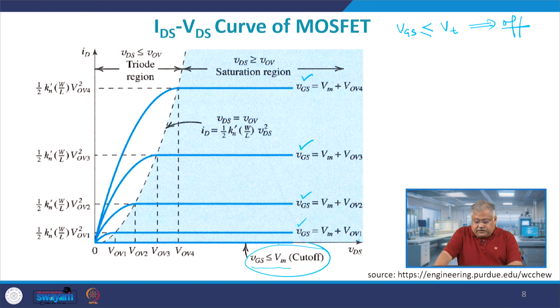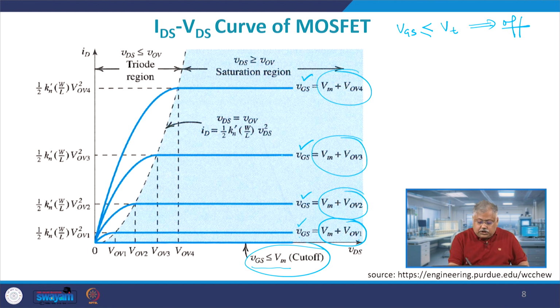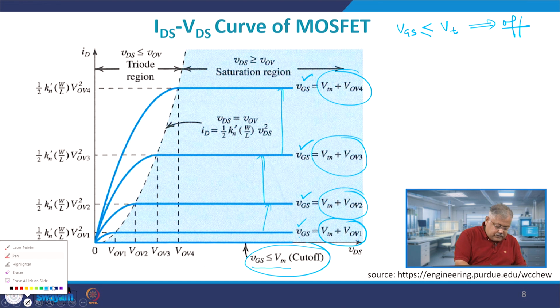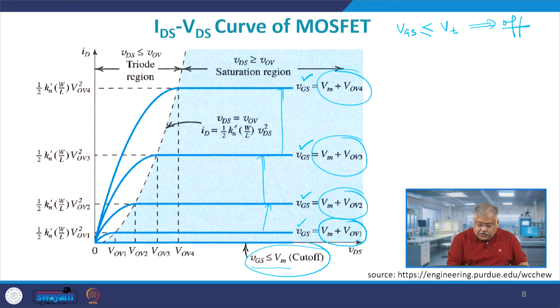However, as you increase VGS from this value to VTN plus VOV1, then VTN plus VOV2, VTN plus VOV3 and VTN plus VOV4, you see the current starts to rise. Please keep in mind that the increase you see here, and what you see here, and what you see here, is larger.